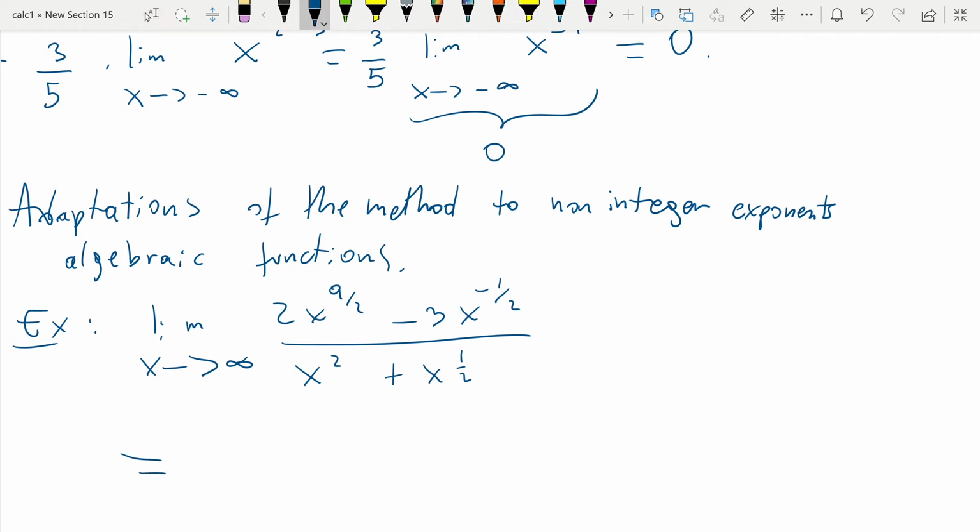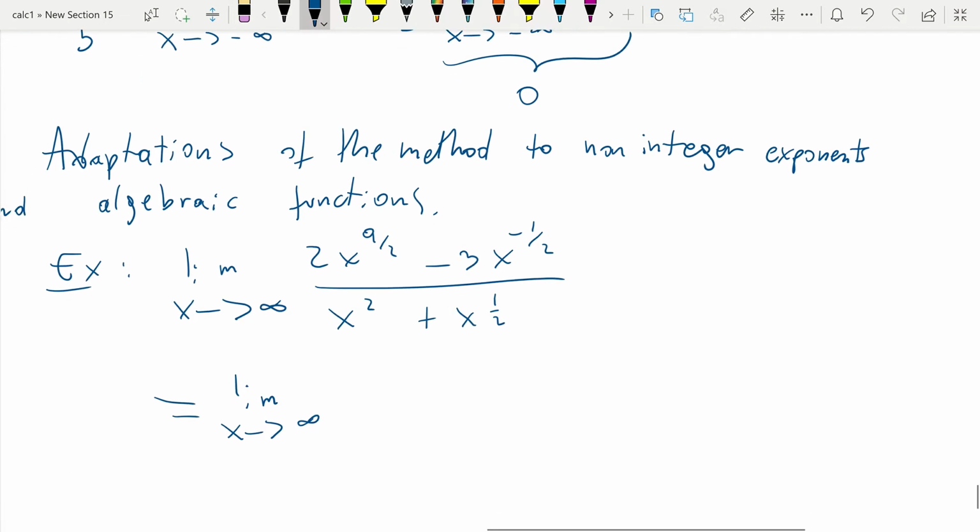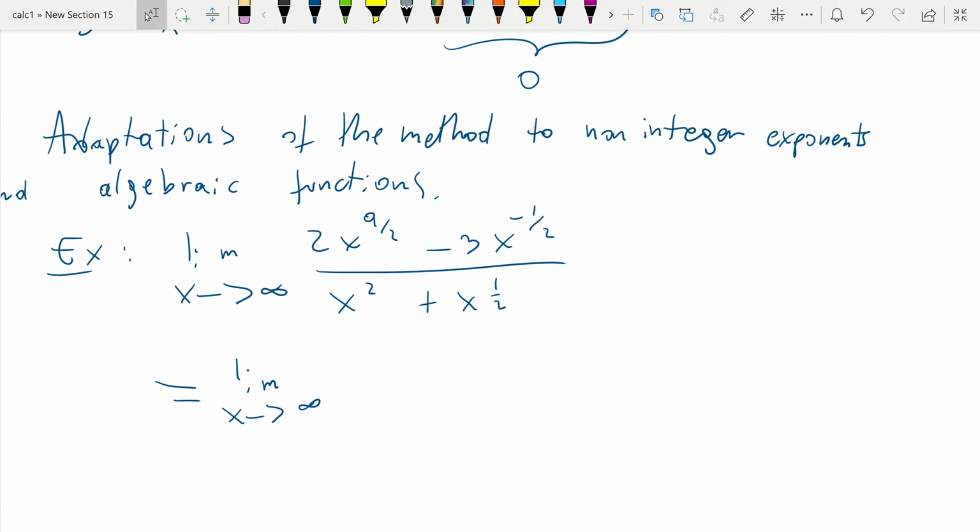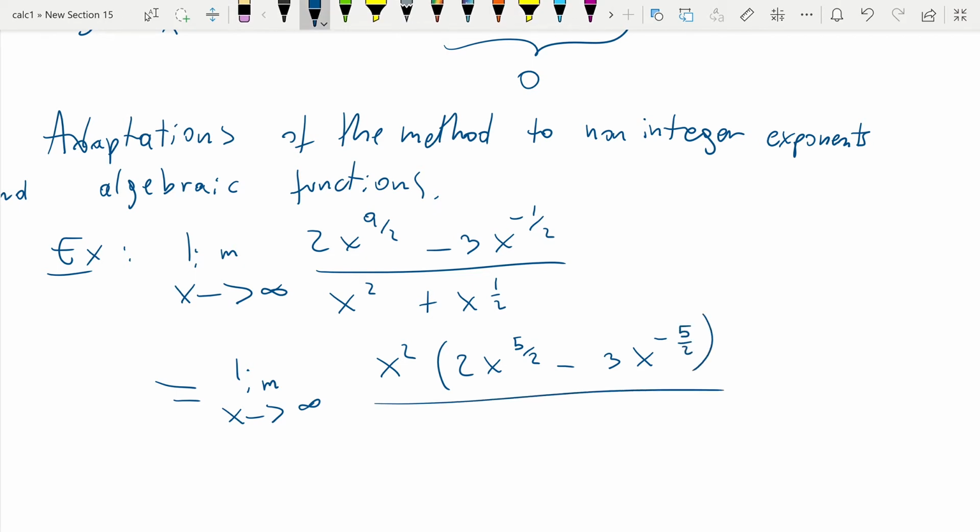So what we do is write this as the limit when x goes to infinity of x squared times 2x to the 5 over 2 minus 3x to the minus 5 over 2, all of that divided by x squared times 1 plus x to the minus 3 halves.